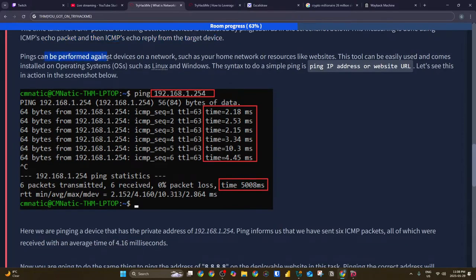Pings can be performed against devices on a network, such as your home network, and resources like websites. This tool can be easily used and comes installed on operating systems like Linux and Windows. So we will try it right now and you can try it too. The syntax to do a simple ping is ping followed by an IP address or website URL like google.com. The IP address could be 8.8.8.8, a very common one.